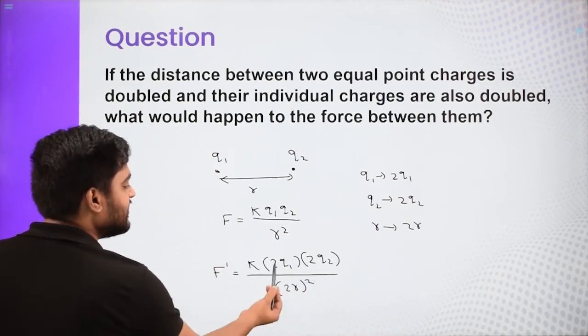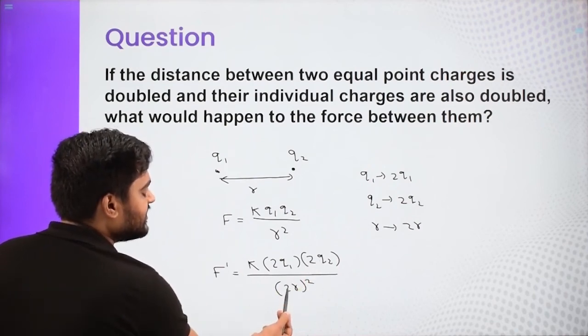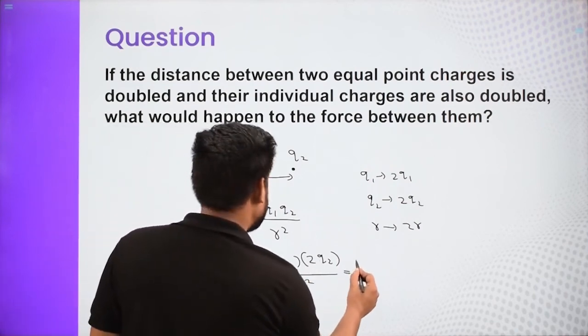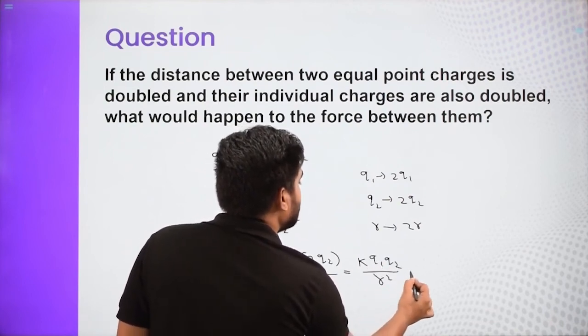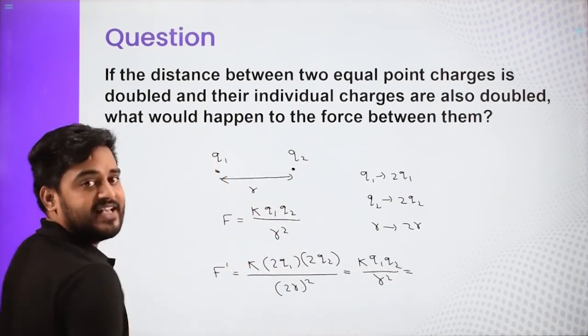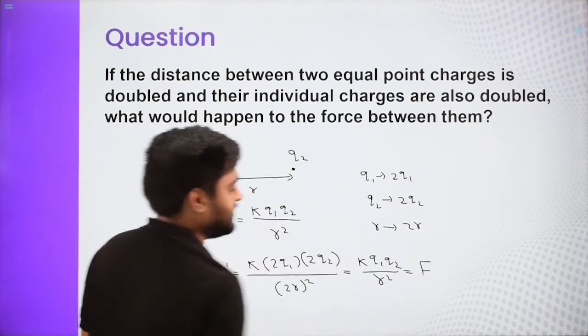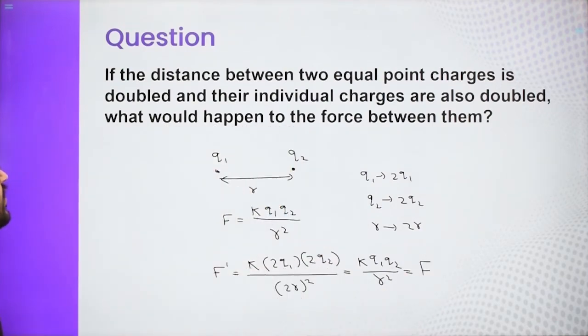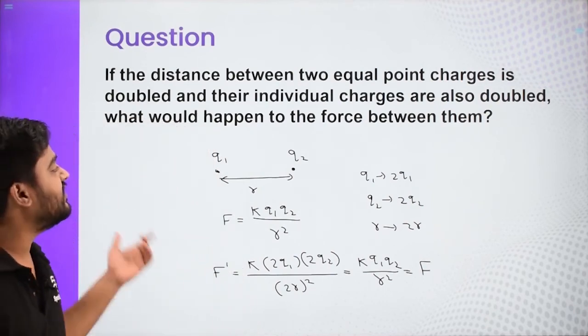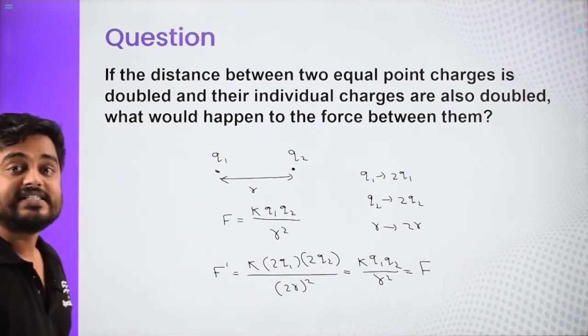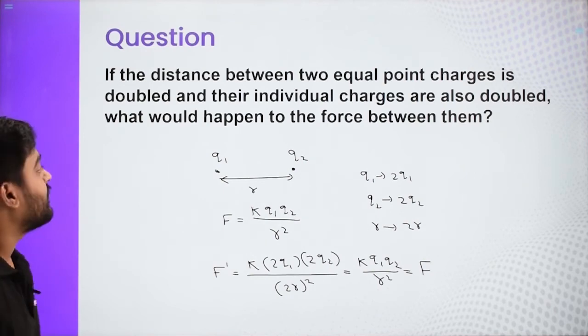And as you can see, this 2 and 2 will make 4, and this is also 4, so they cancel out, and eventually we get K Q1 Q2 by R square. It is the same as the old force, so nothing happens. There will not be any change in the force acting between them.